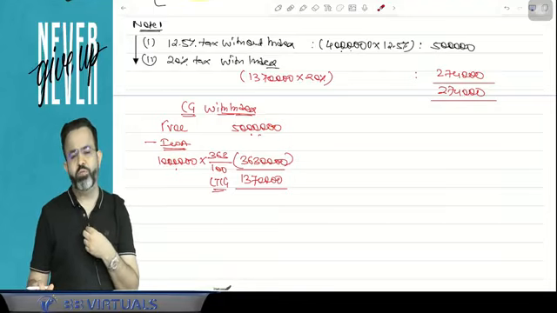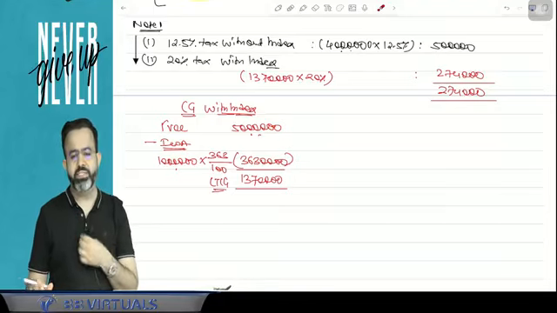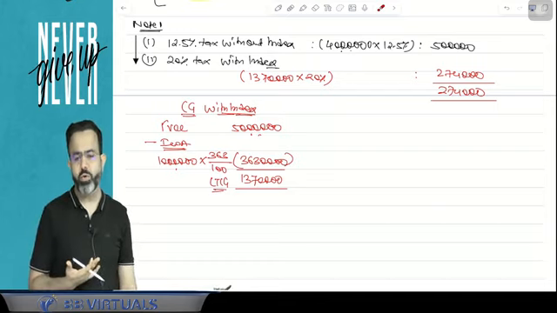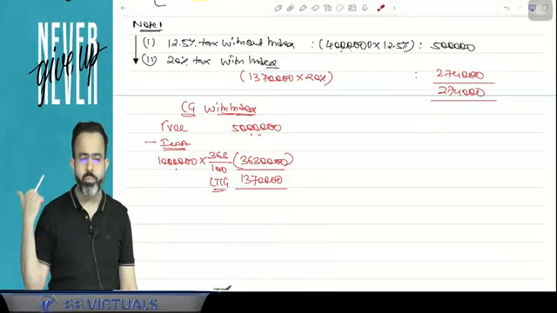Shashank, the proviso of section 112 says that income tax is computed in accordance with the provisions of this Act. So before that, how do you compute the income tax?